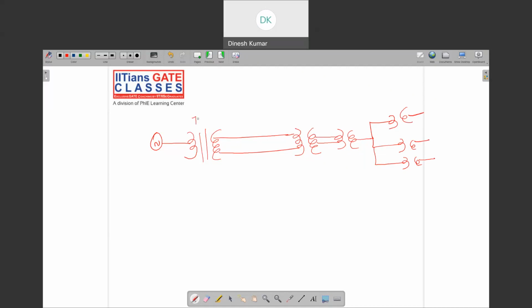This is 765 by 11 by 765. So we have to represent this in a single line diagram, right? A single line diagram basically shows the electrical equivalent of a power system, or the representation of a power system by passive components.